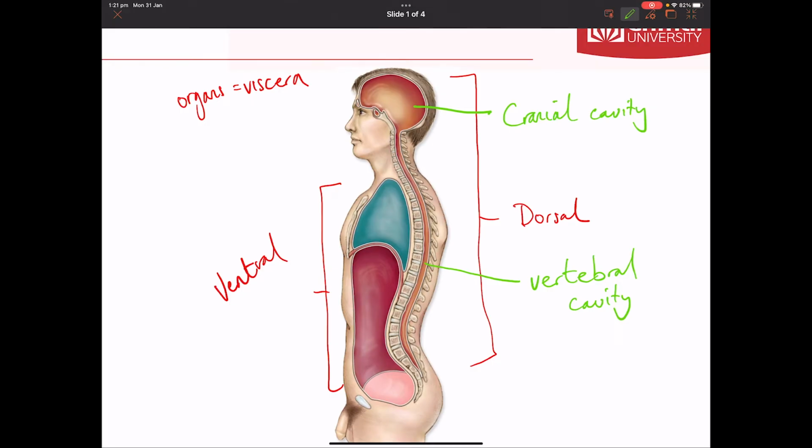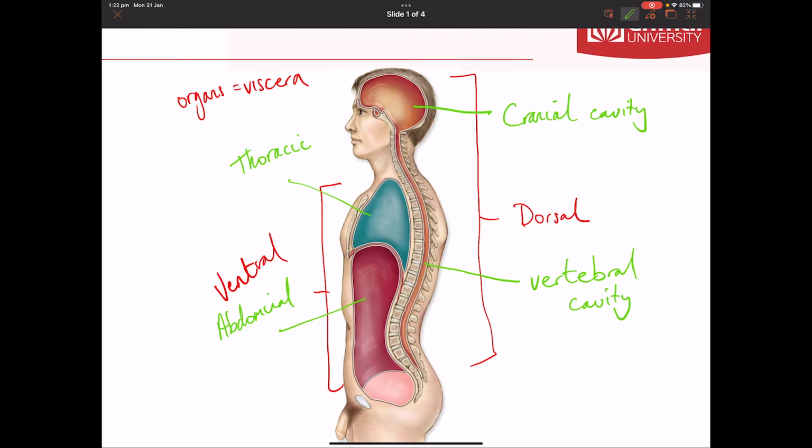Then when we look at those of the ventral body cavities, we've got the thoracic cavity. And the thoracic cavity houses the lungs and some of the structures associated with the lungs, the heart and some of the structures associated with the heart, such as the great vessels. Then we've got the abdominal cavity, which we can see here. And that houses mostly digestive viscera, but we also have our kidneys in there as well.